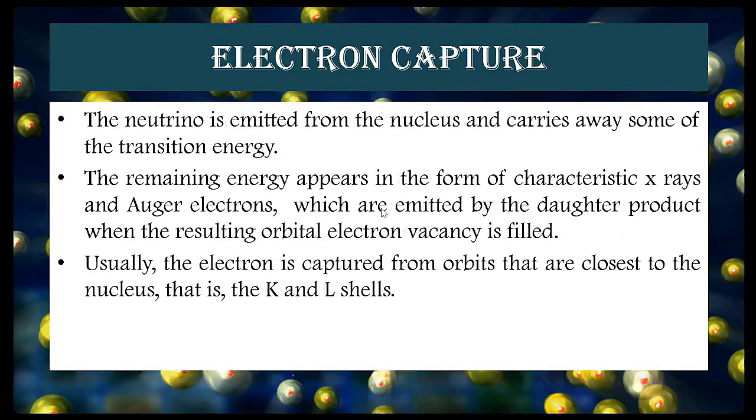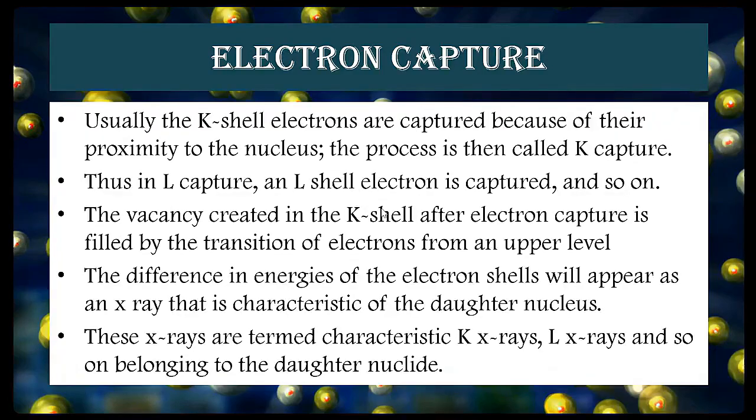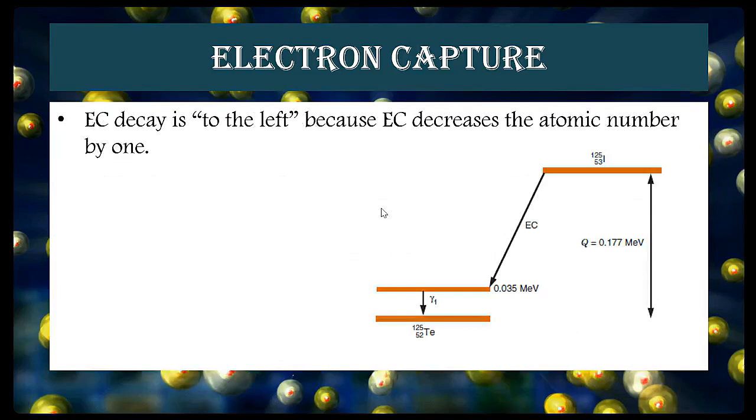Usually if the electron is captured from the K shell, a vacancy is formed in the K shell. That vacancy will be filled by an electron from the L shell, which will emit energy as characteristic radiation. So this electron capture is also towards the left side because we are reducing the atomic number.